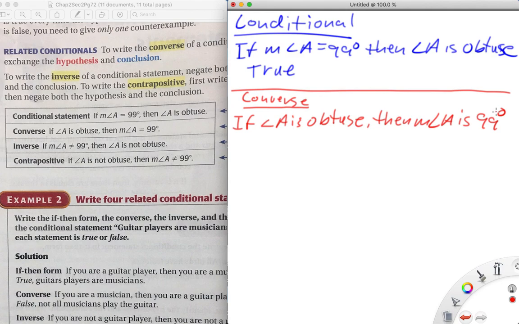If the angle is obtuse, then the measure of angle A is 99 degrees. This is false. And the reason why this is false is we need a counterexample, right? So can I think of an obtuse angle that's not 99 degrees? Well, yes, right? What if it was 100 degrees? So if angle A is obtuse, then it can't just be 99. It can be a whole bunch of angles. So that's false. And this 100 degrees is my counterexample.